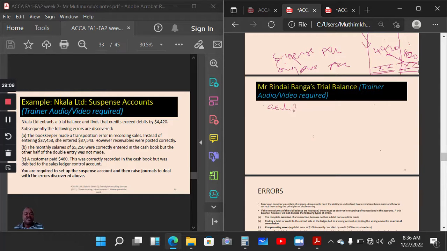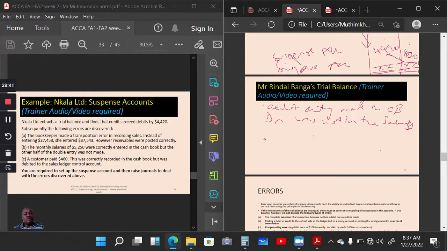but the other half, the debit, was not. And where was this debit supposed to have been made? In the salaries or wages account, because it is an expense, isn't it? An expense should be debited, but it was not.